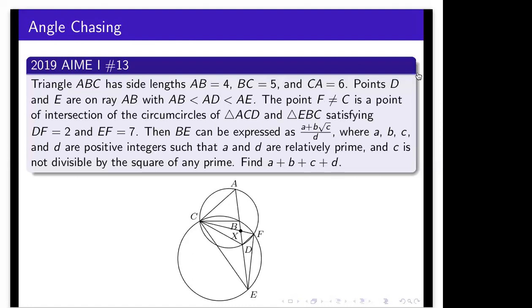Okay, so what ideas do people have for this problem? Something that you would do when you're starting out this problem is find a bunch of equal angles and see what you can do with them.